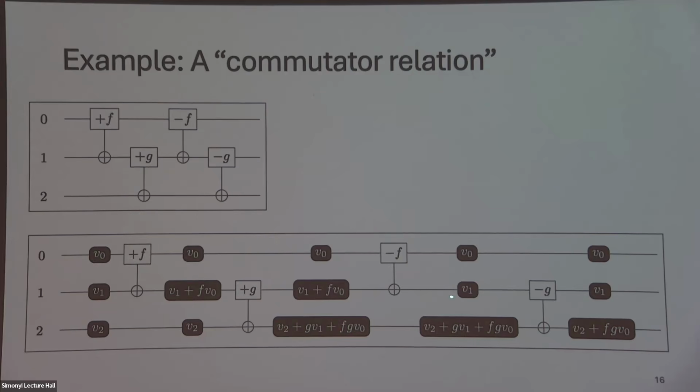Then you subtract f times v0 from v1, and then you subtract g times v1 from this long expression, and what you end up getting is this vector on the right, which is the same as if I had just had a single gate that took the contents of wire 0, multiplied it by f times g, and then added the result onto wire 2.